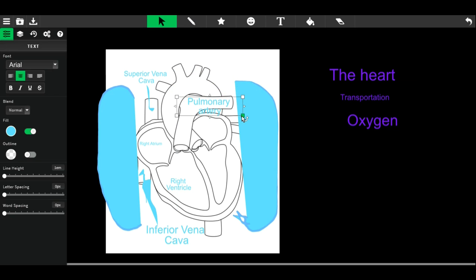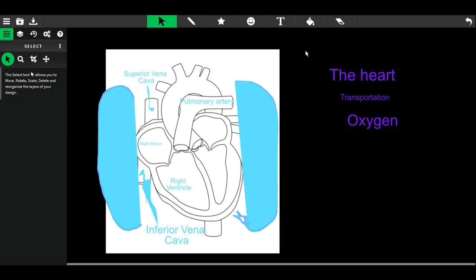So it's taking blood away from the heart, but it carries deoxygenated blood instead of oxygenated blood, which a regular artery would carry. So pulmonary would be to the lungs, so it carries blood to the lungs. That's how I like to think of it.